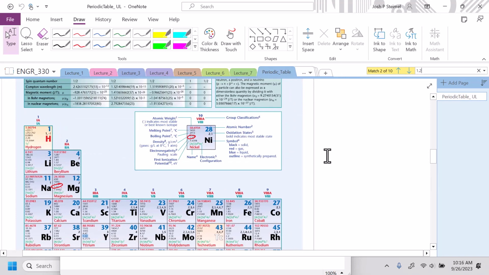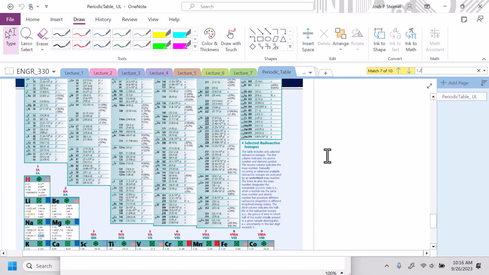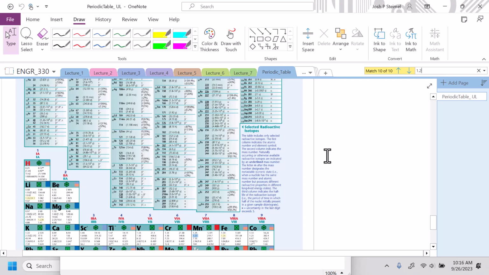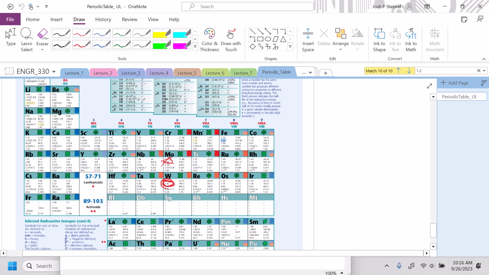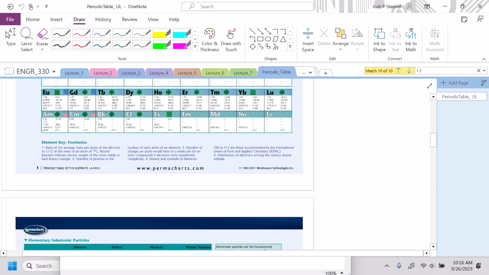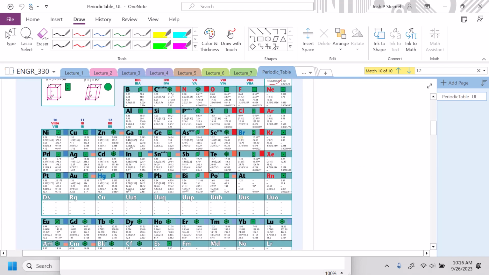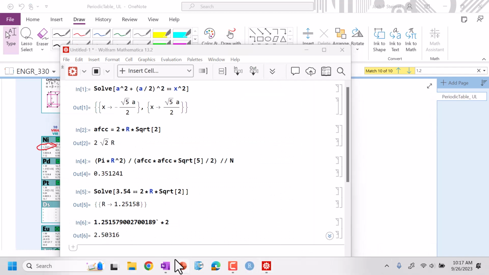Here, let's do 1.2. All right, we're not looking there. We're not looking here. We want to look at the other. All right. Nope. Manganese, no. 1.26, but we're looking for FCC. Not BCC. So let's go ahead and look on the other page for FCC. So, nickel, right there. 1.25. So that's my metallic radii. We got them. That is indeed nickel.